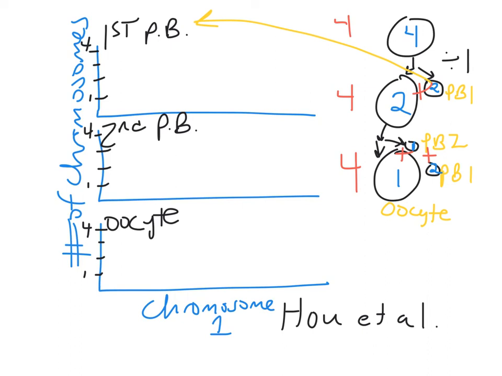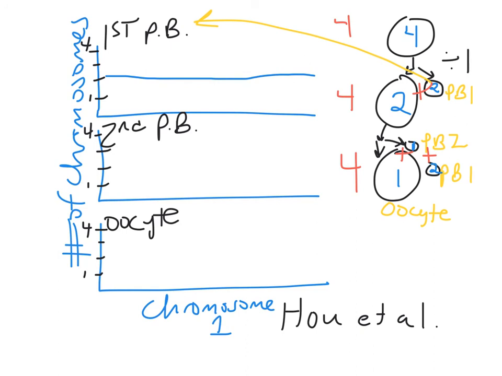So, as an exercise then, if this is chromosome 1 we're talking about, where we start with 4 copies, it divides into 2 and 2, and then 1 and 1 and 2, you expect to see, let's see, first polar body we said has 2 copies, so we expect in blue that all of chromosome 1 there should be 2 copies of every base pair from left to right.